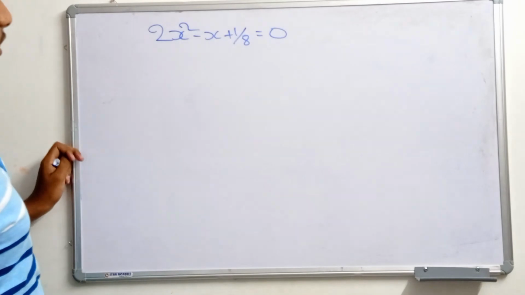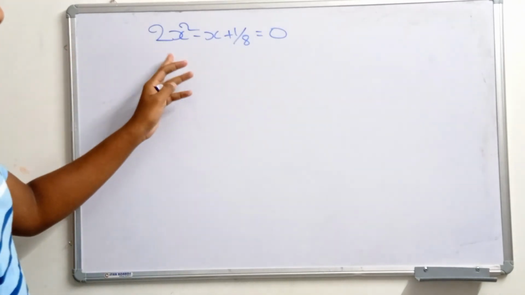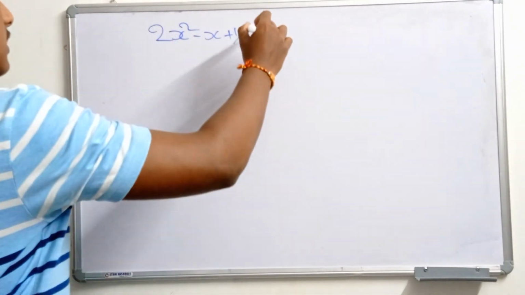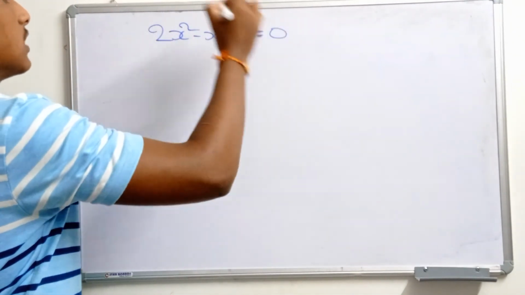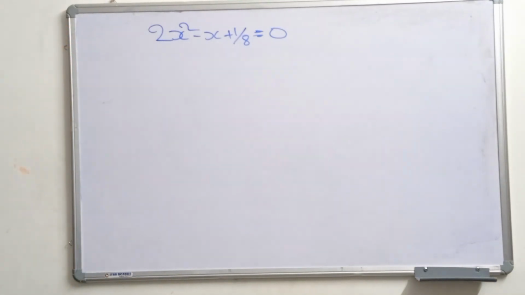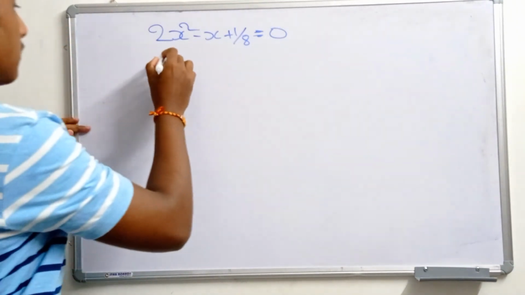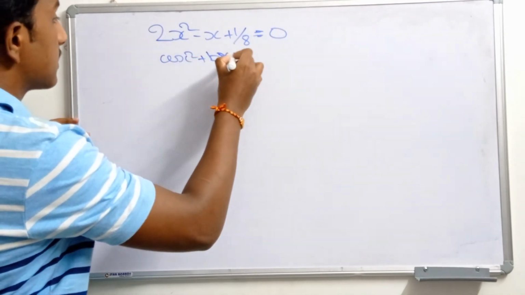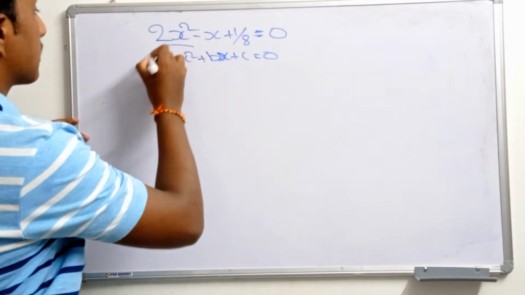Yes, it is a quadratic equation, but here it is not in the form of ax square plus bx plus c is equal to 0. It is written in this way.